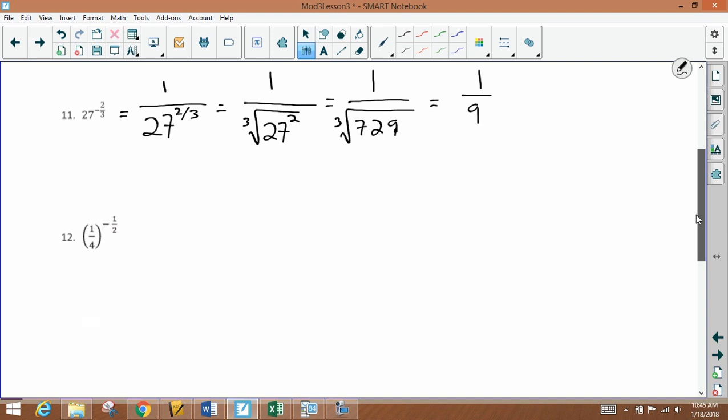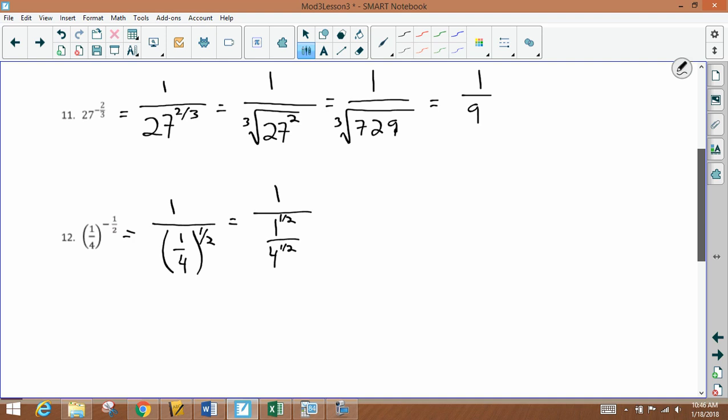Okay, last one. This becomes 1 over 1/4 to the positive 1/2 power, right? Which is 1 over, I'm going to raise everything in my parentheses to the 1/2, so this is 1 to the 1/2 over 4 to the 1/2, right?